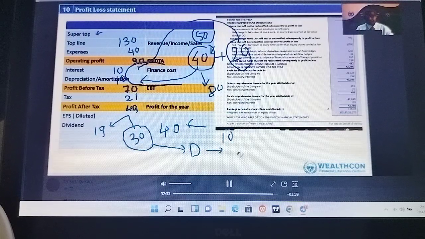So if the company distributes this 30 rupees to the shareholder, the shareholder also pays personal tax. Dividend distribution tax is now outdated, but dividend is taxable in the shareholder's hands. So if the company distributes the entire 30 rupees, the shareholder pays personal tax, and what remains is 20 rupees.